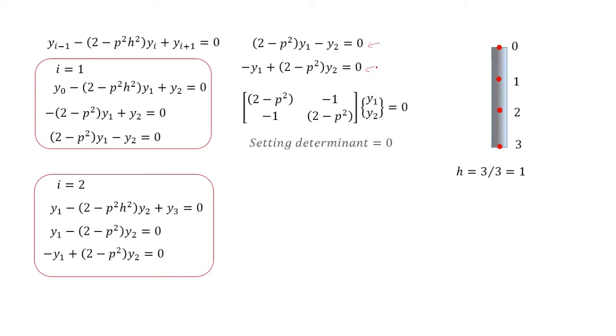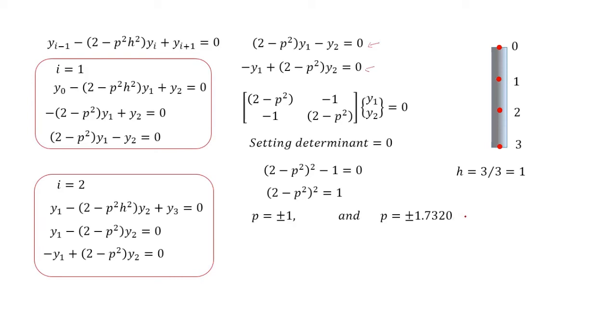By setting the determinant equal to 0, we will get (2 minus p square) whole square minus 1 is equal to 0, which can be written as (2 minus p square) whole square is equal to 1. If you solve this equation, you will get p is equal to plus or minus 1 and p is equal to plus or minus 1.7320. So these are two numerical eigenvalues which we solved using the polynomial method.